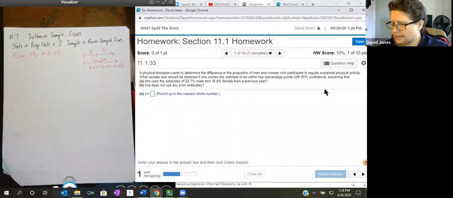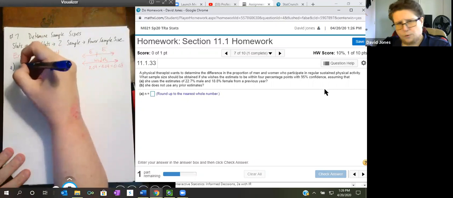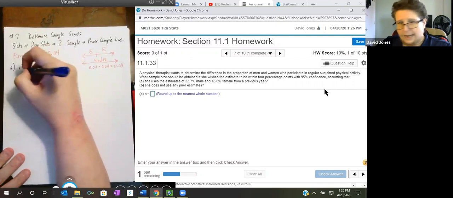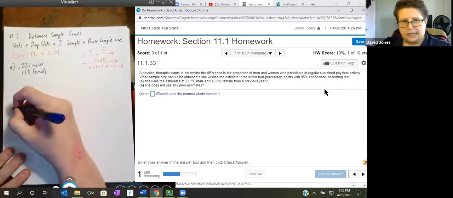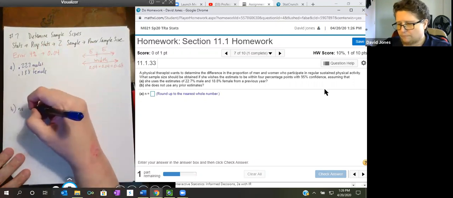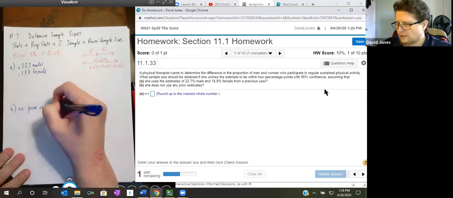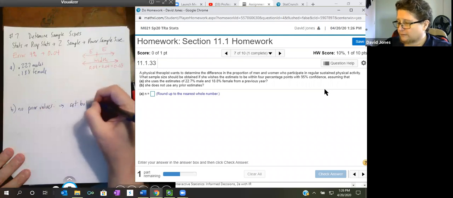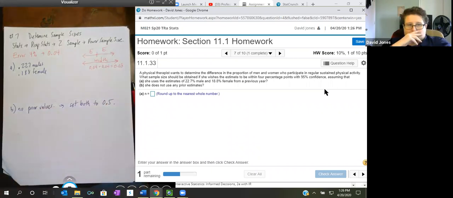So in part A, she's got 0.227 male, 0.188 female, and in B, no prior values. When we have no prior values, set both to 0.5, the 50% mark.